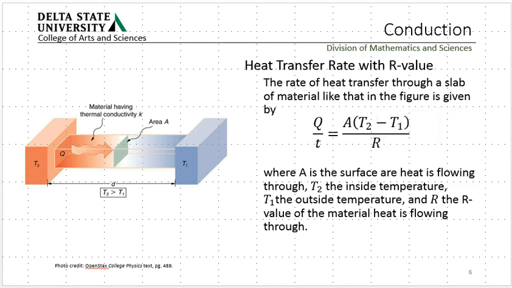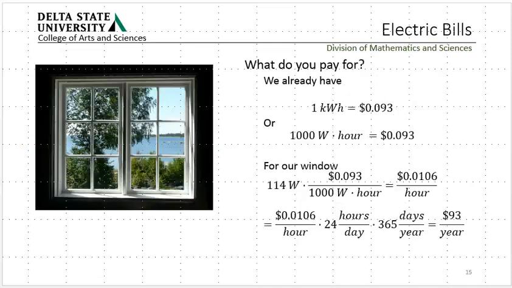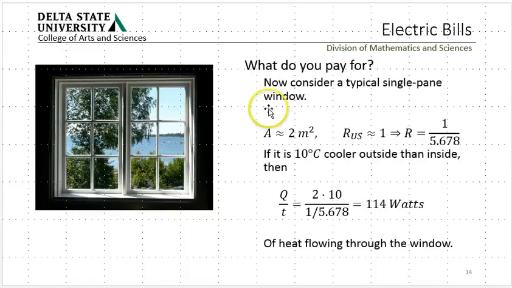So we're going to go down and look at that again, as soon as I can get it to do that and not crash. Okay, there we go. Get back down here. Where are we? Right here. So we're going to put all this together. The 2 square meters times the 10 degrees difference divided by 1 over 5.678.